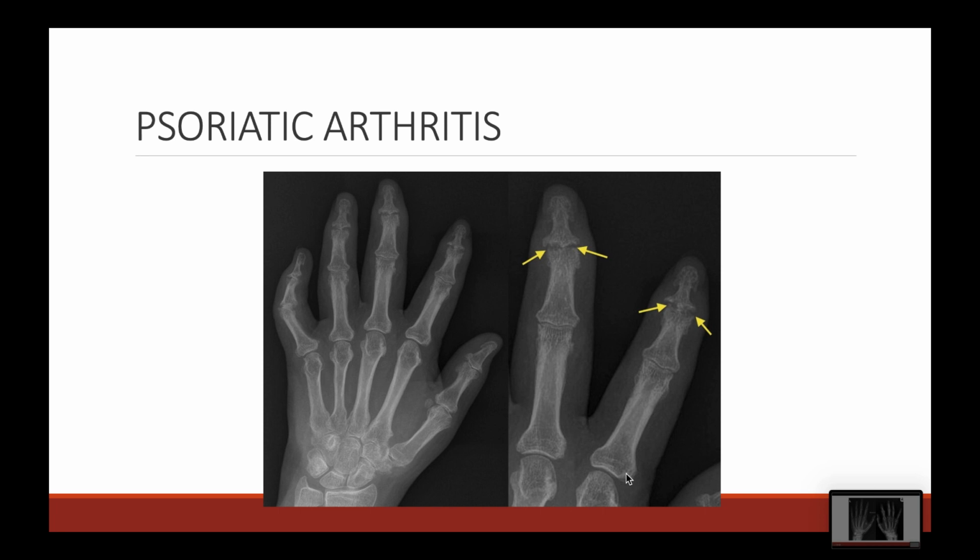They may have a very similar picture to a patient with rheumatoid arthritis, but they would have a history of psoriasis. As well as that, they may be HLA-B27 positive in their blood. Well, not all of them, but it's suggestive that it's psoriatic if they are HLA-B27 positive. Yeah, so pencil-in-cup, typical.